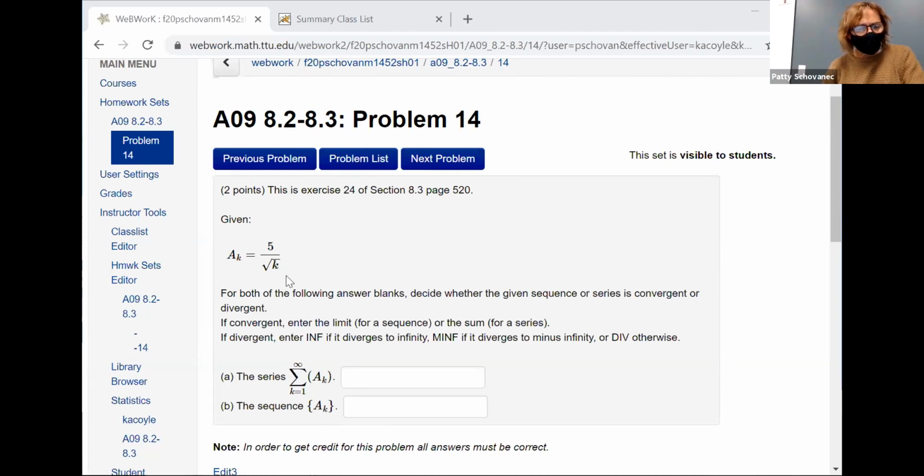We're back here and you're going to take the limit. We're doing the sequence here. I'm going to try to write with this again. Maybe I'll type it. Give me the limit as k goes to infinity of 5 divided by the square root of k, which I'm going to write as k to the 1/2.